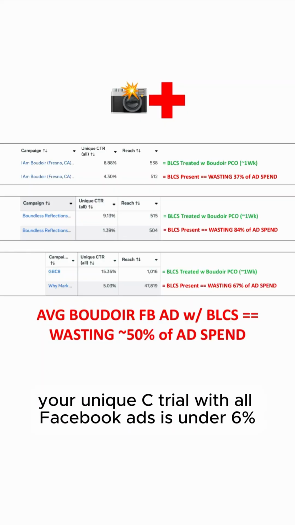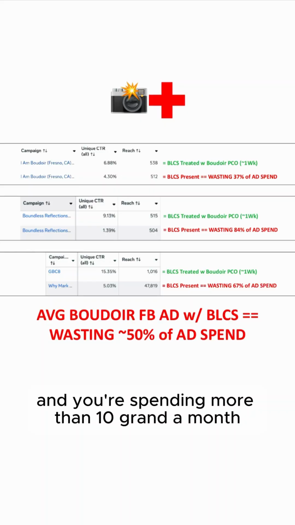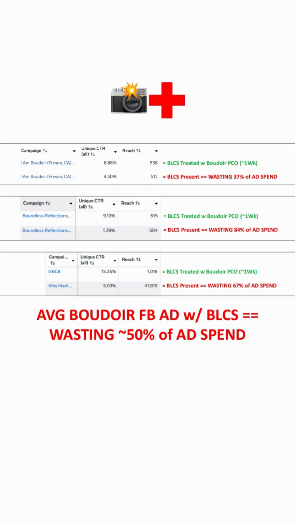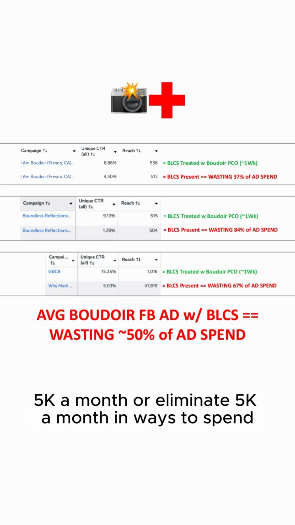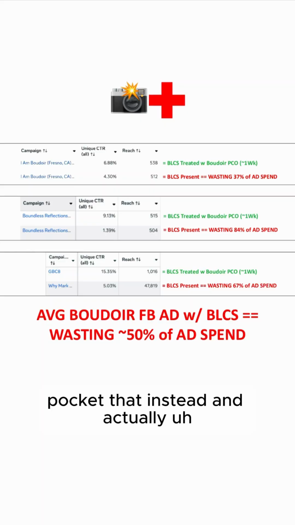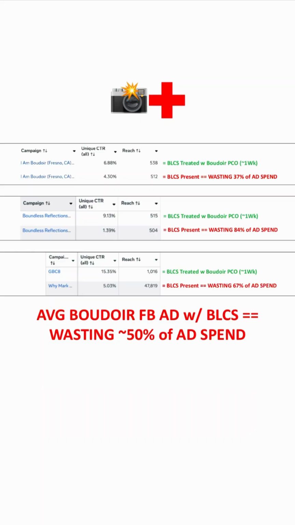All right, so if you're a BLCA with BLCS, so a boudoir low click advertiser with boudoir low click syndrome, your unique CTRL on boudoir Facebook ads is under 6%, and you're spending more than 10 grand a month on boudoir Facebook ads, and you want to eliminate approximately 5K a month in wasted spend and actually keep that in your pocket instead, on average that'd be like 60K over the next 12 months.